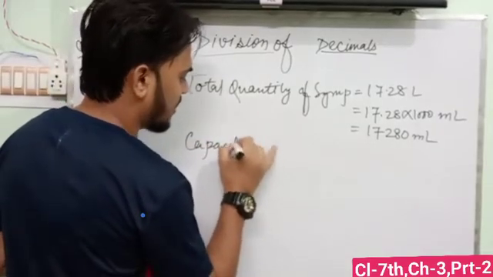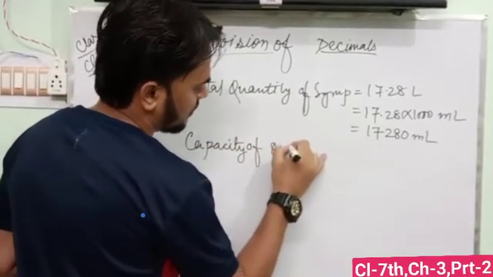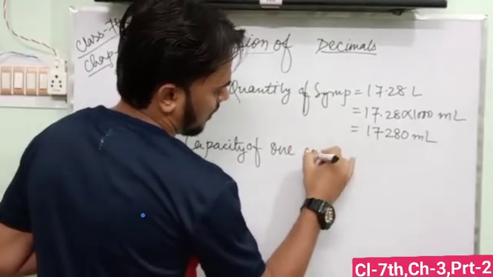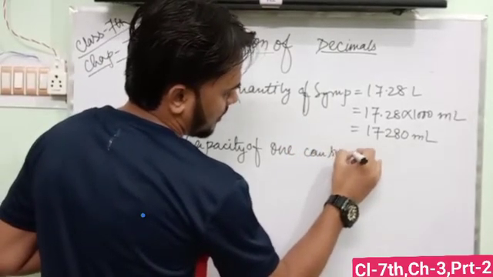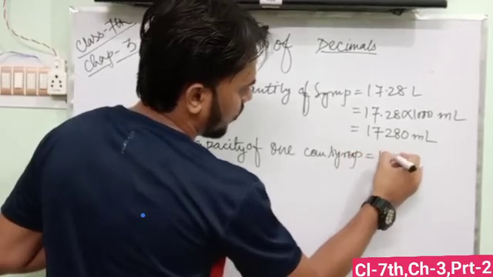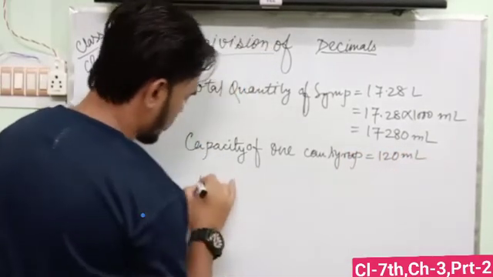And the capacity of 1 bottle of syrup is equal to 120 ml.